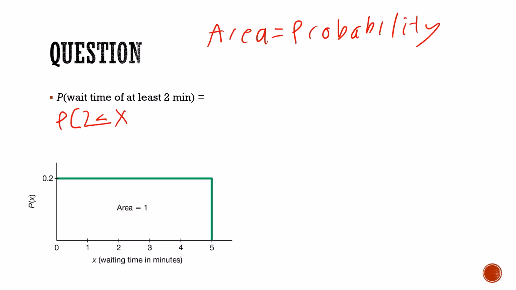And because it has to be less than 5, that means we are finding the area in between the vertical line at x equals 2 and x equals 5. This is very easy to do because this is a rectangle. It's length times height.